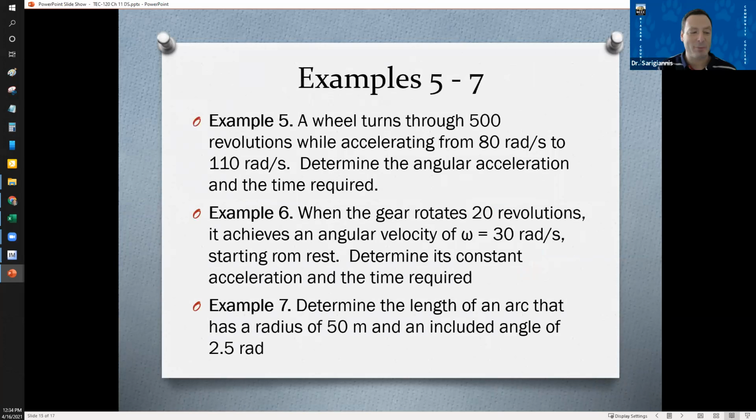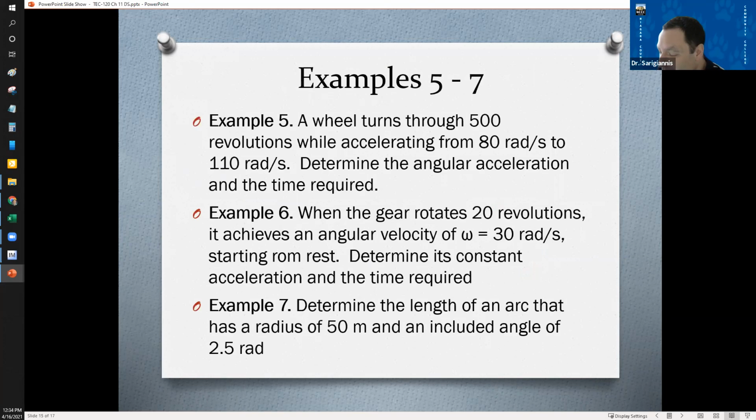All right, let's do some examples. First one: we've got a wheel turning through 500 revolutions while accelerating from 80 radians per second to 110 radians per second. Determine the angular acceleration and the time required.